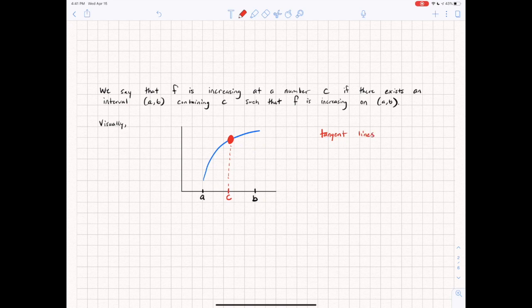All right, if I was to draw the tangent line for this function f at this point c, the tangent line would look something like this. Again, this is going to be a very rough drawing. So something like this. Remember that the tangent line essentially represents how the function is changing at a moment, specifically the slope of that tangent line.